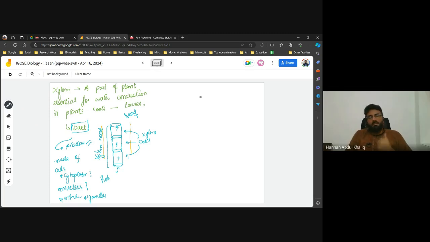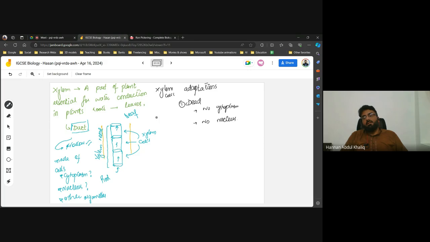But let me tell you, number one important thing is the xylem cell's adaptations, or the xylem cell's structural change. Number one, they are dead. No cytoplasm, no nucleus, no organelle. It is not like they were initially like this.